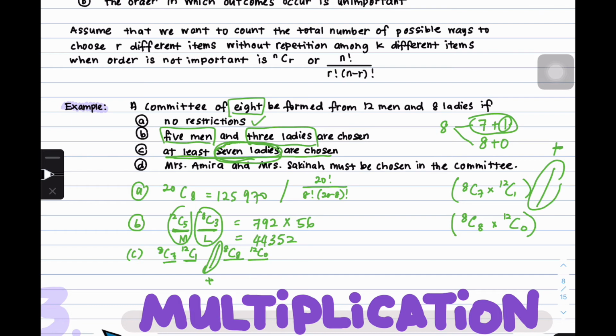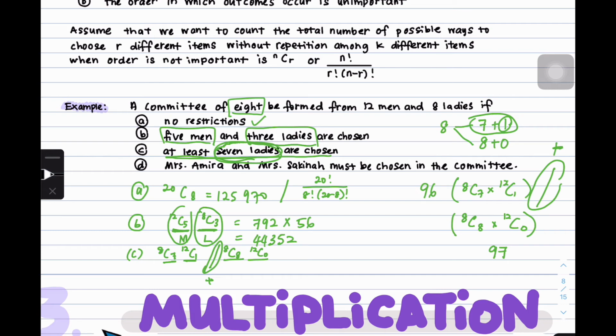Maksudnya you cari dulu 8 choose 7, darab dengan 12 choose 1. You plus with this one, 8 choose 8, darab dengan 12 choose 0. Okay, so you will get the answer is equal to 97. Because, let's find 8 choose 7 darab dengan 12 choose 1, you will get 96.